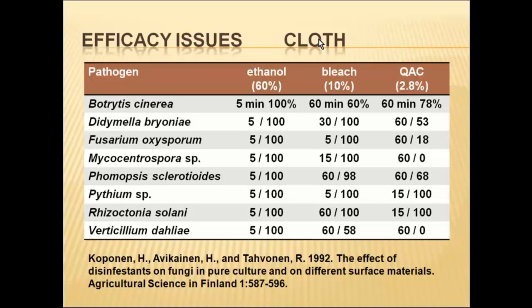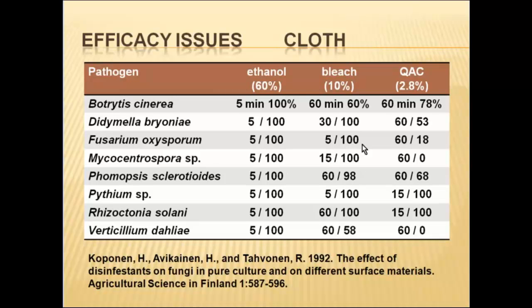So I'm reporting the submersion time that was needed for 100% efficacy, and or if they never got it, reporting that at the 60 minutes of submersion time. So with ethanol, you got very consistent results with these 8 fungi. With 5-minute submersions, you got a 100% efficacy, or there was no recovery of these organisms from those substrates.